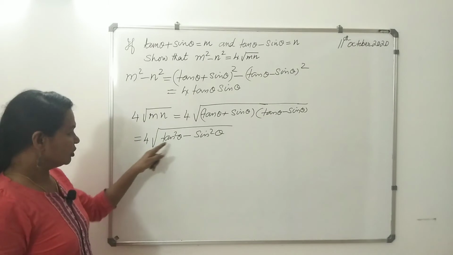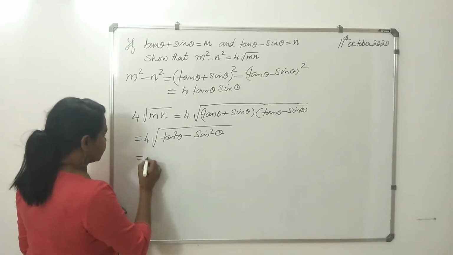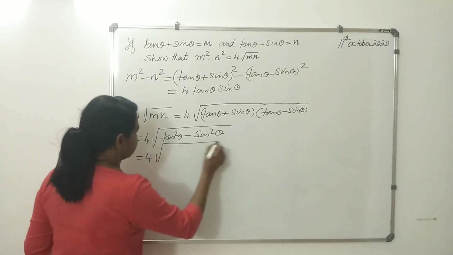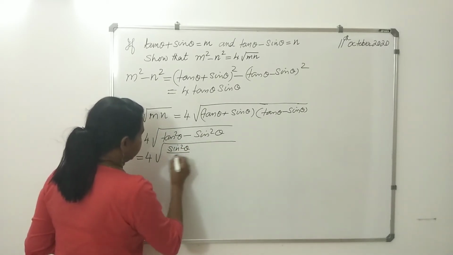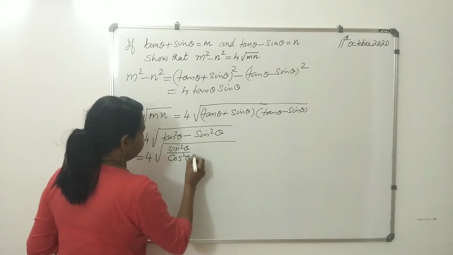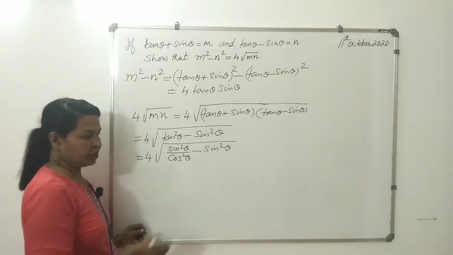Okay. Now convert, what is tan square theta? It is sin square theta by cos square theta. So you can write sin square theta divided by cos square theta minus sin square theta. Okay.